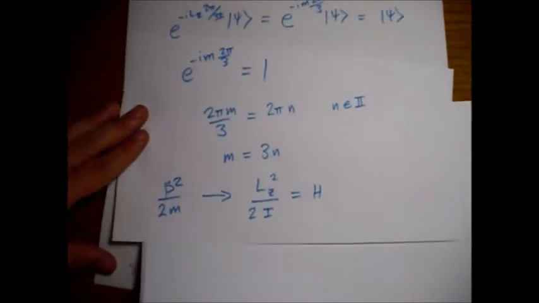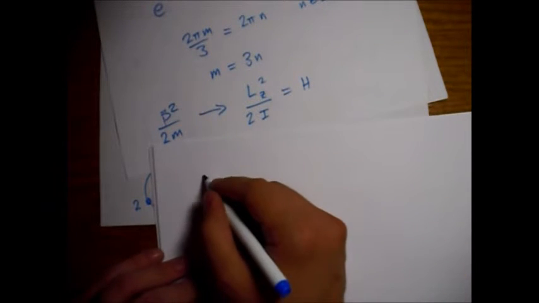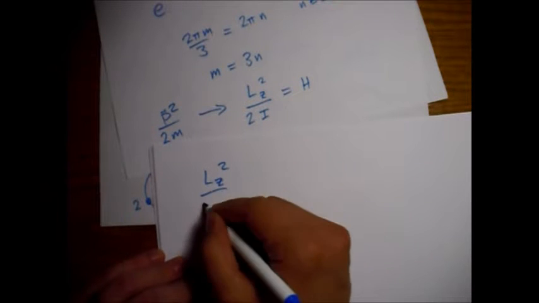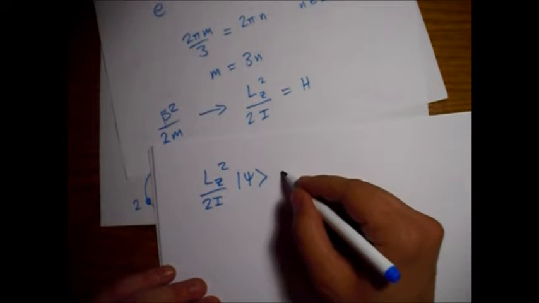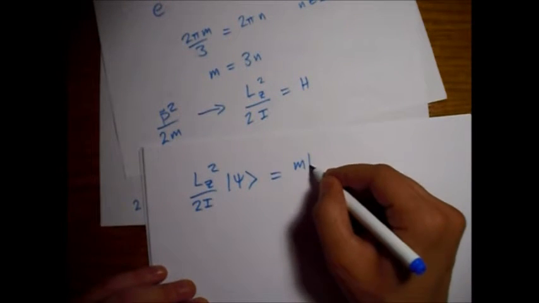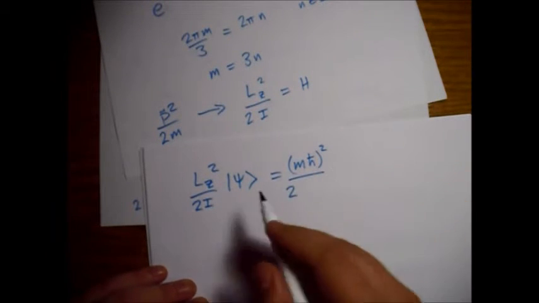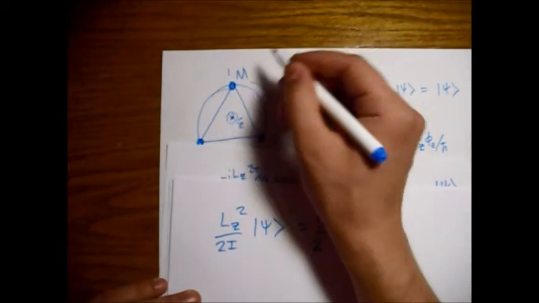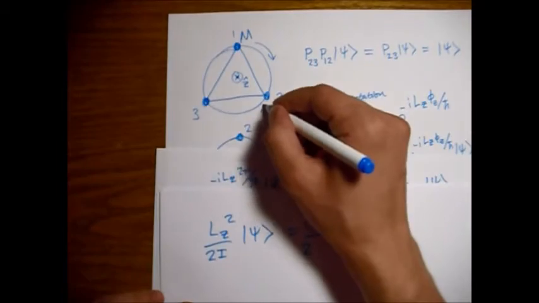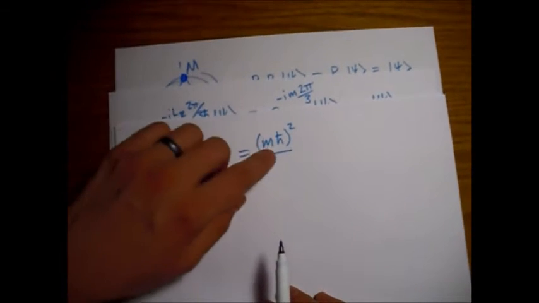Applying this to our state, L z again gives us m h bar, except now it's squared, and then 2 I. For I, another thing I forgot to write is, let's use a big M for the mass of each of these particles, that way we don't confuse it with the little m.